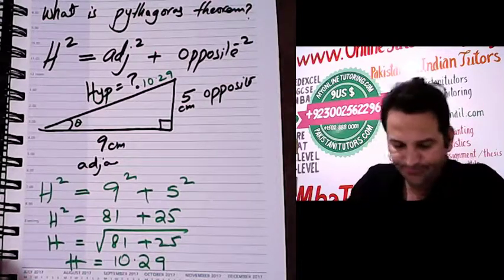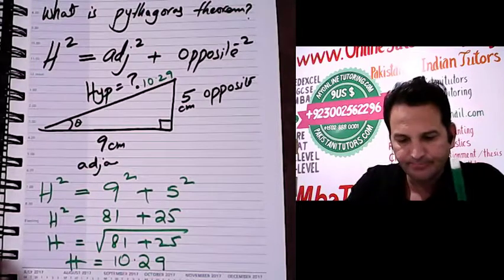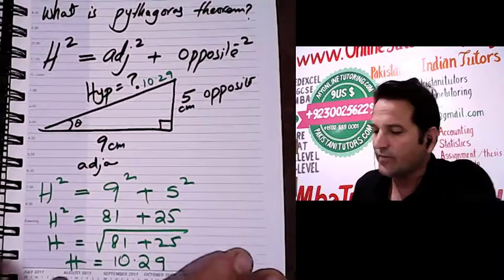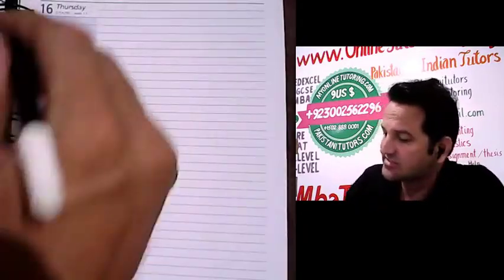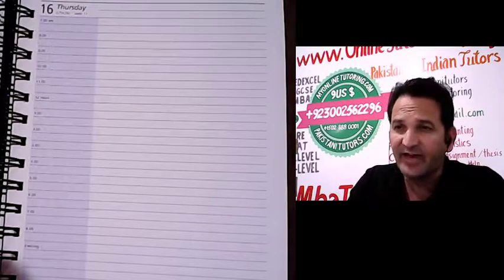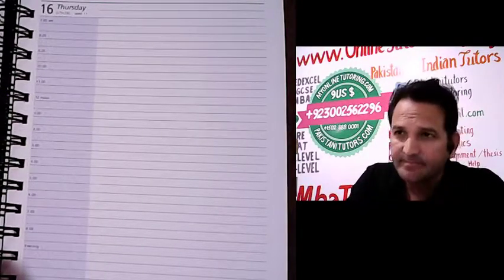Now we are moving to the 6 trigonometric functions, and on the basis of those trigonometric functions we can find out any side or even the angle of a triangle.